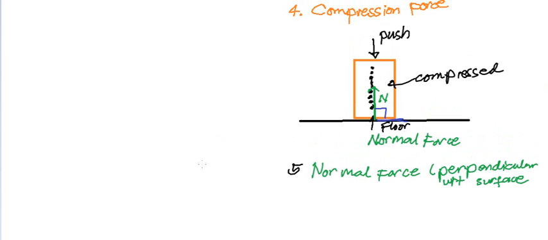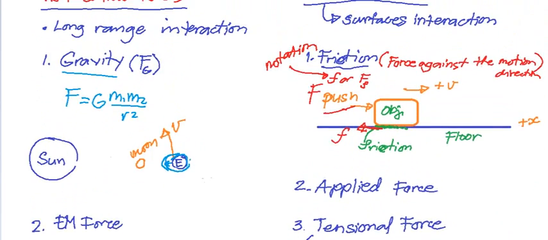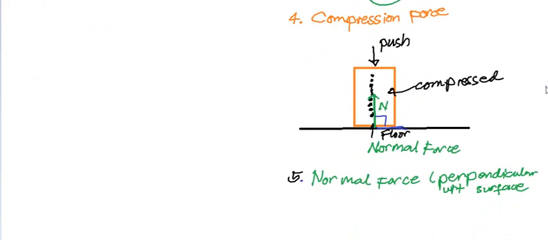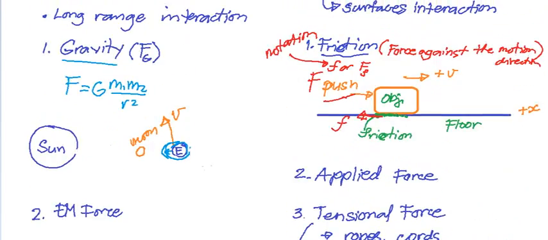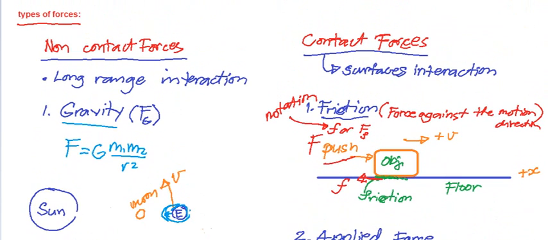That's it. I'm just going to have this 5. These are the 5 important concepts or forces that we should understand, and we're going to use them in the problems that we are going to have in the future. So, in summary, forces can be of two types: contact forces and non-contact forces.